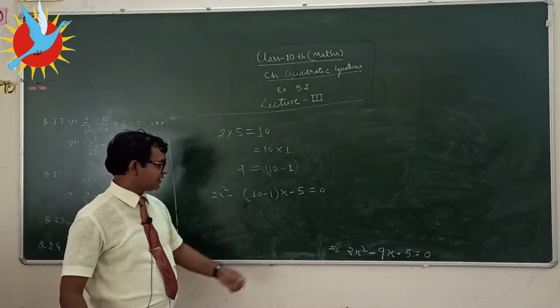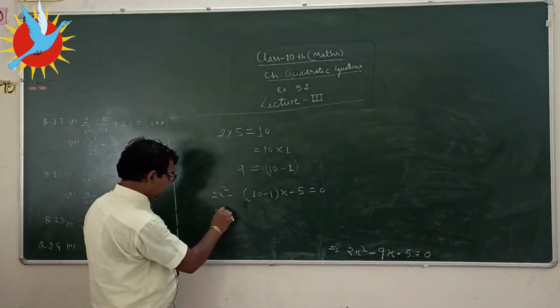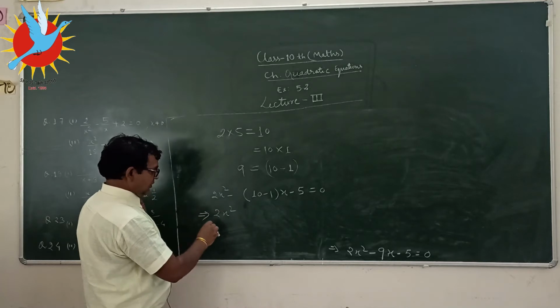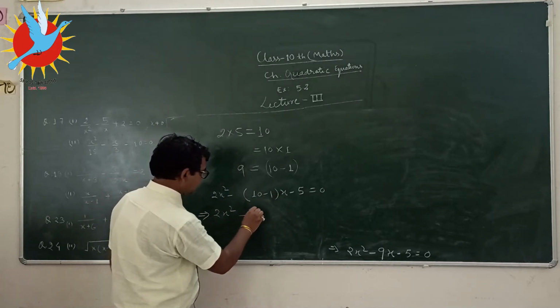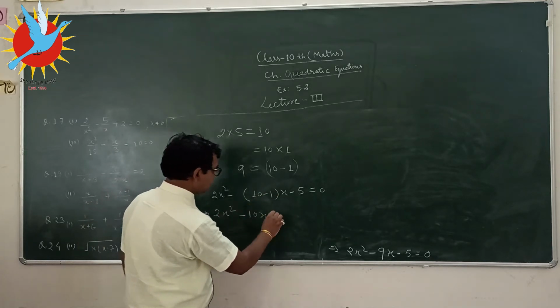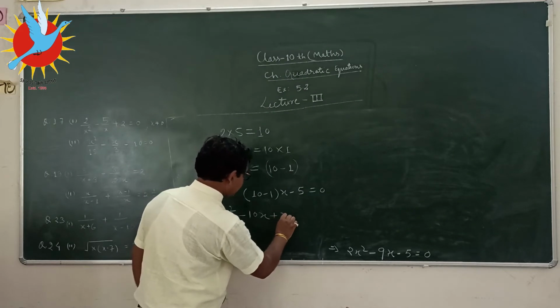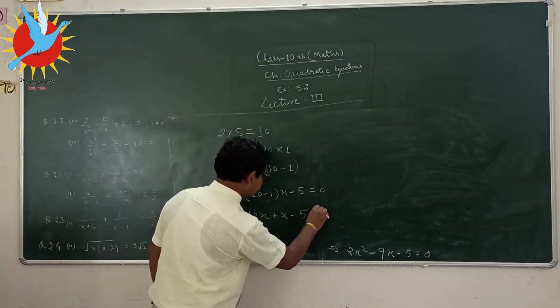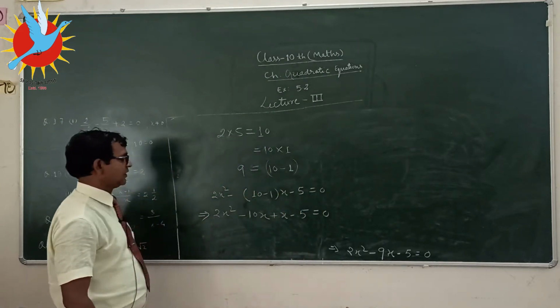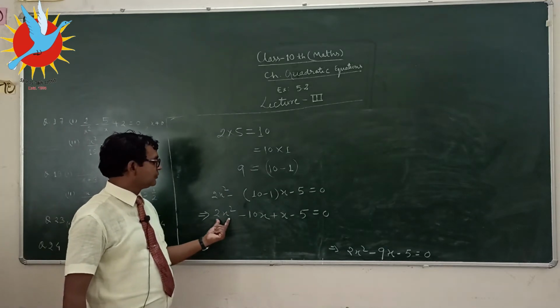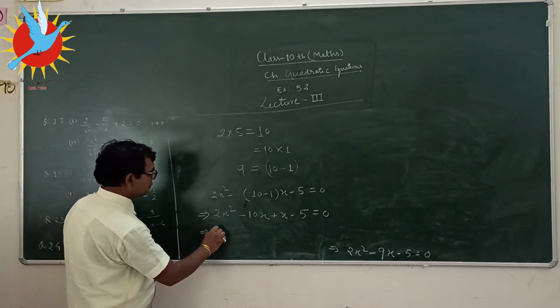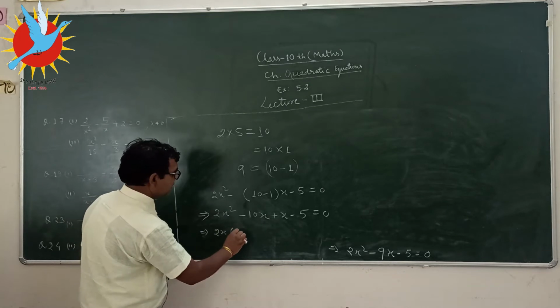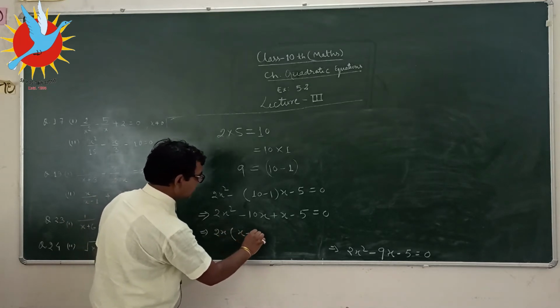Now open this bracket. We have minus 10x, and this minus minus becomes plus x minus 5 equal to 0. Now 2x would be common here, so take 2x common. Here we have x, and 2 fives are 10, minus 5.